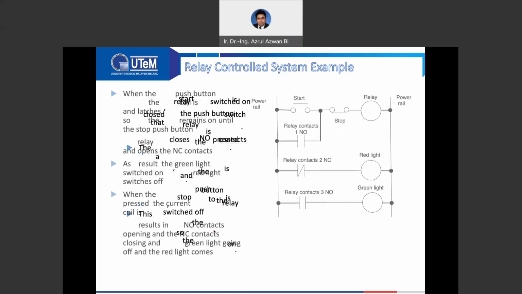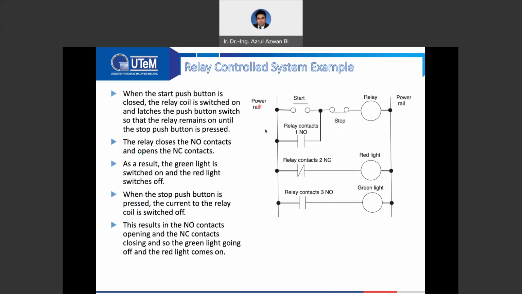The second example of the relay control system, we have one relay and then we have two outputs, red light and green light. We have the similar start and stop button. Whenever we do not press any start button, by default, when we switch on the system, the relay will be normally open.